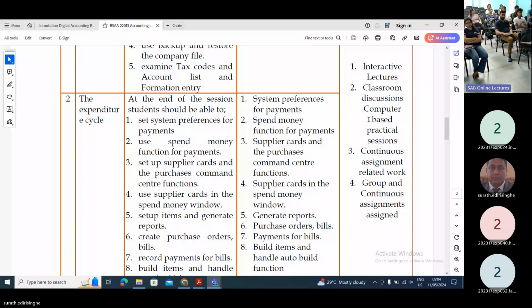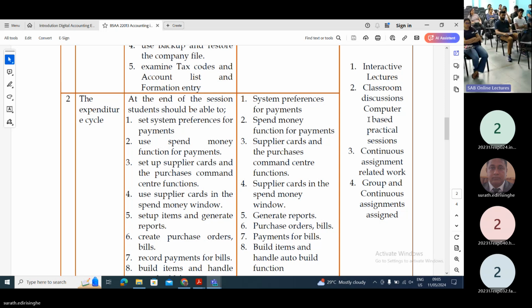Now anyhow, in section number 3, the continuous assessment related work. Related work means classroom activity plus your paper in week number 7 or 8. We will get a backup file and assess your knowledge.